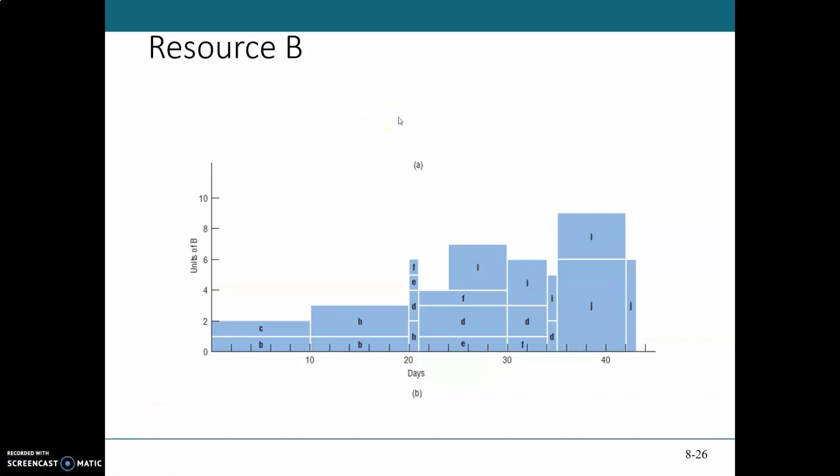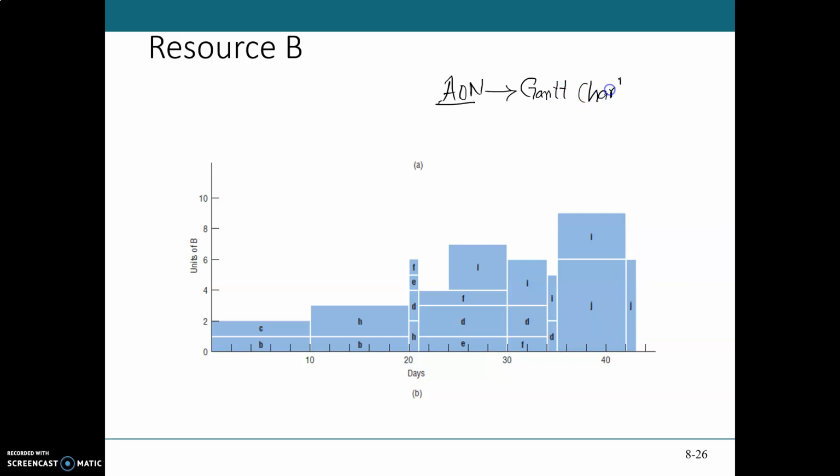This kind of resource profile can also be prepared by, instead of using the AOA diagram, drawing the AON diagram, activity on node diagram, and then from the activity on node diagram we can draw the Gantt chart.